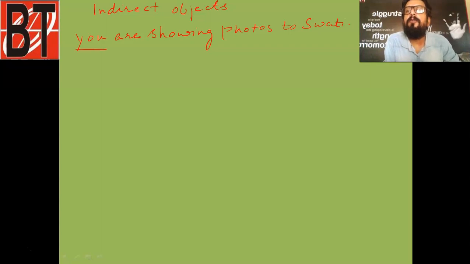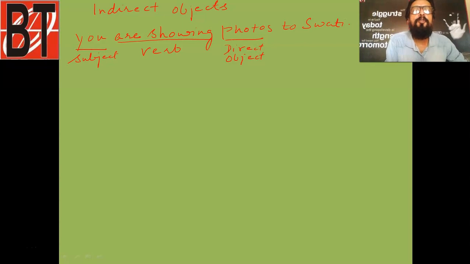Now you are showing photos to Swati. Now look at this. This is the subject and it is the formation of the verb. Now photos, you are showing what? So this is the direct object, right? And you are showing this object to whom?